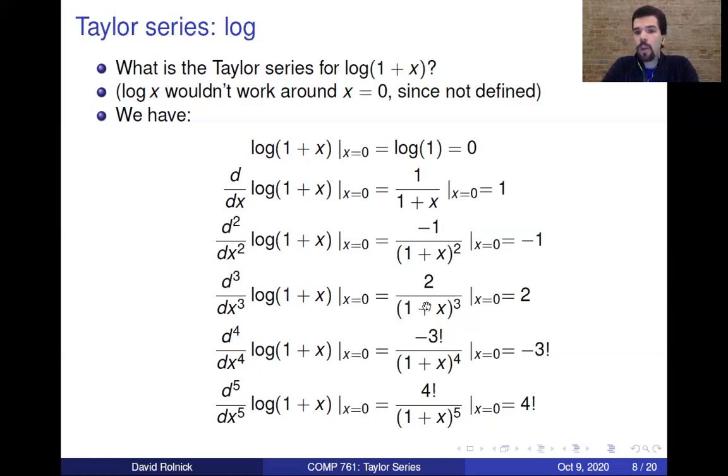So here we are multiplying by the exponent. So this is -3. So we multiply by -3, we get -3 factorial. Now we multiply by -4, and so we get 4 factorial. So these are going up as factorials, and they're swapping sign each time.